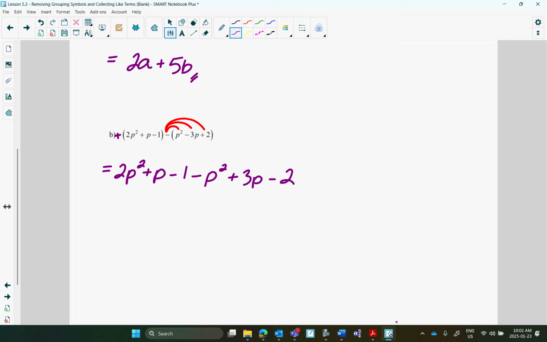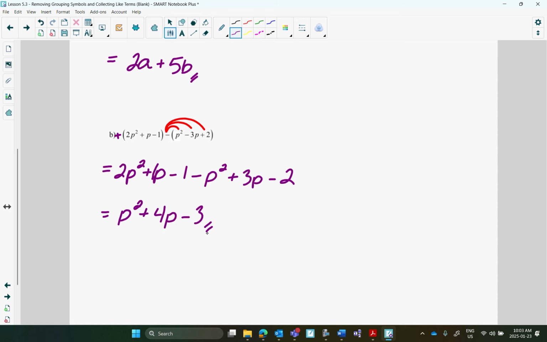And now we can collect like terms. Remember, if there's no number in front, it's always assumed to be 1. Just keep that in mind. So when I collect the p squareds, p squared plus 4p minus 3, excellent.